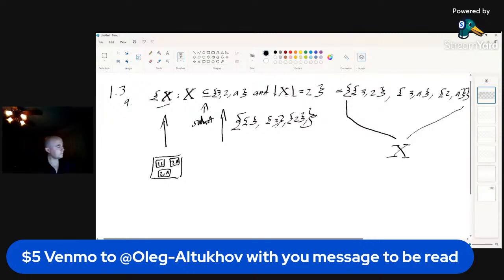So we have a box that contains these elements, a subset of this set, and the cardinality, or the size, of these boxes within this bigger box, which is the X, has to be 2.